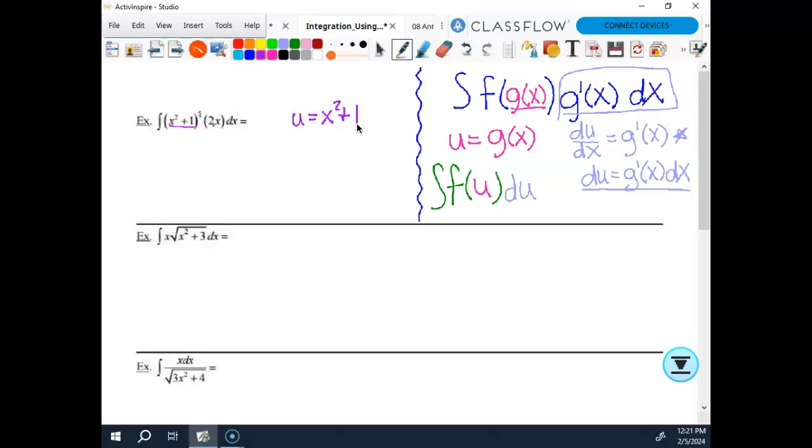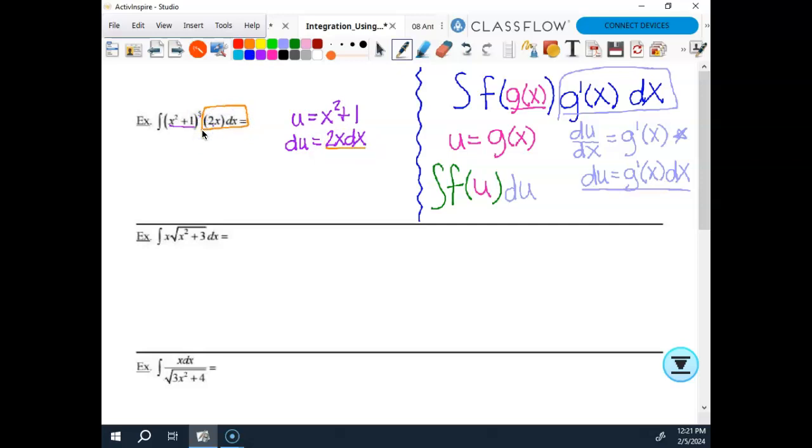Everybody with me? Then I'm going to take the derivative. So that means I'm going to get du equals what? 2x dx, right? Don't forget your dx there. All right, now, some of them work out pretty nicely where this right here matches this.